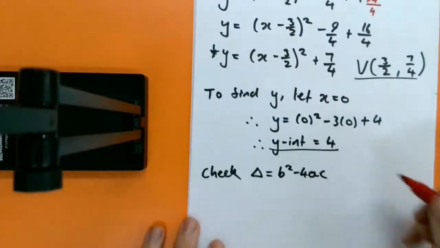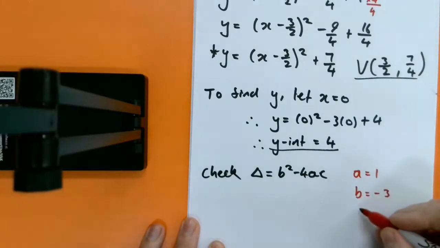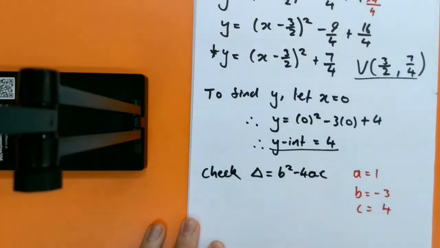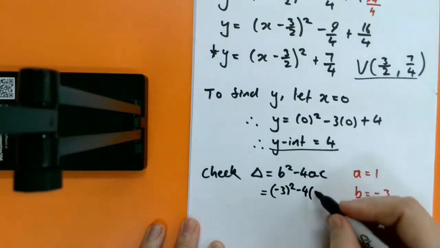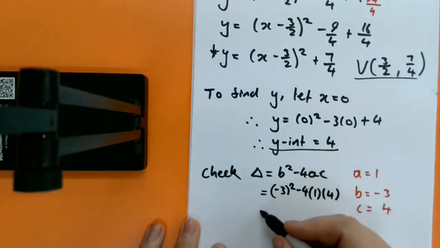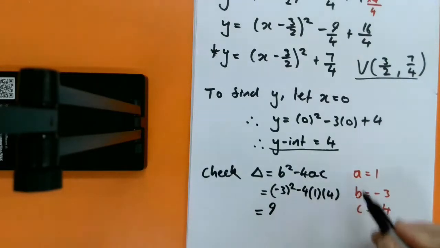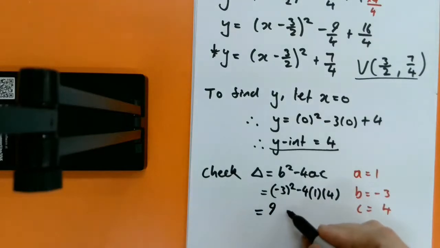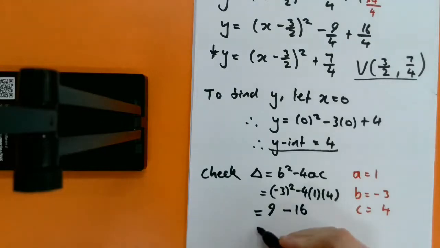Substituting that in, we end up with minus 3 all squared minus 4 times a, which is 1, times c, which is 4. Minus 3 all squared becomes 9, and minus 4 times 4 is minus 16. And 9 minus 16 is equal to minus 7. So that is our discriminant.